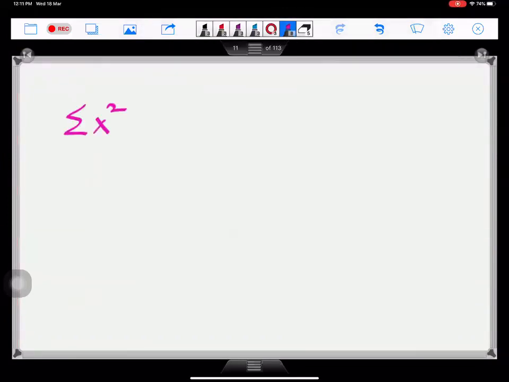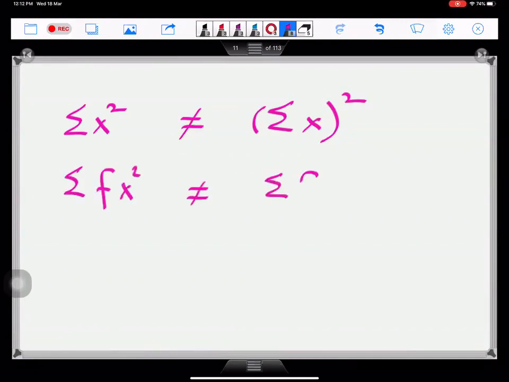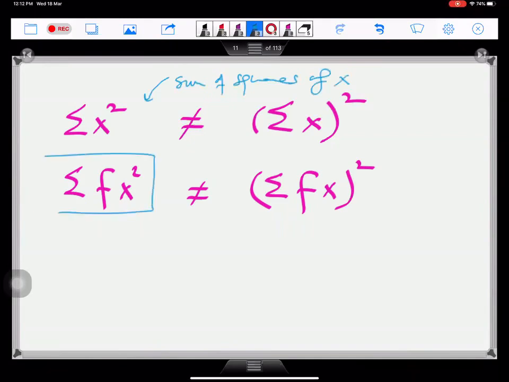Sigma x square is not sigma x the whole thing square. Sigma fx square is not sigma fx the whole thing square. There is no such thing. Sigma x square is the sum of squares of x. And how would you calculate this? That is illustrated in the next example.